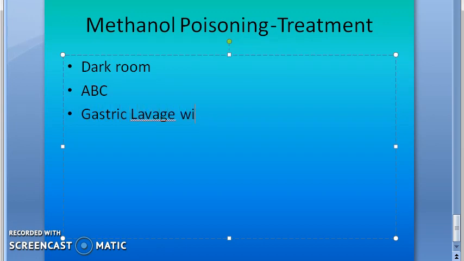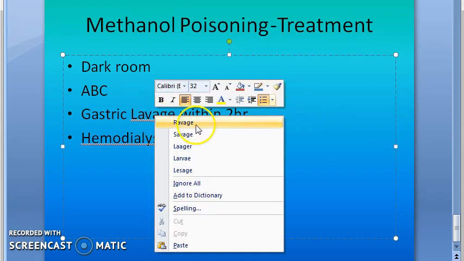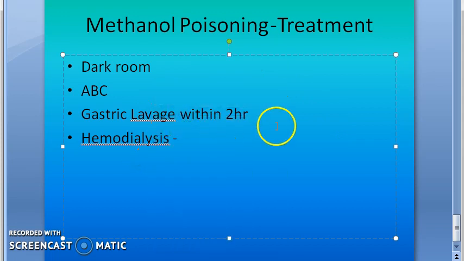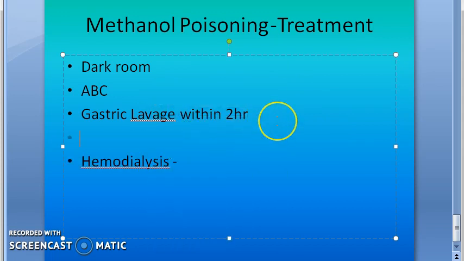Within 2 hours you can do gastric lavage, or you will give, what was it? Hemodialysis to remove toxic metabolites. Actually, after gastric lavage you can give the first line of treatment, that is sodium bicarbonate, to neutralize the acid so that the retina is saved.